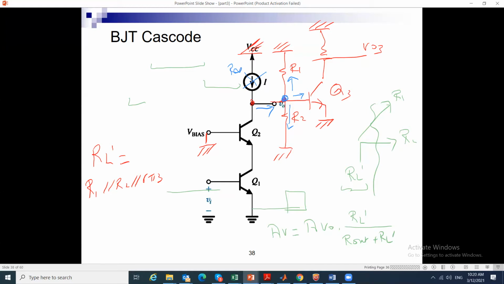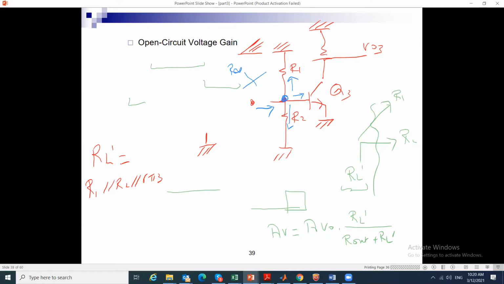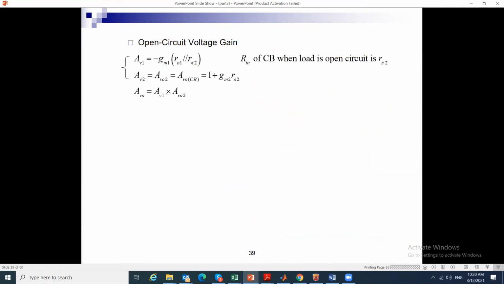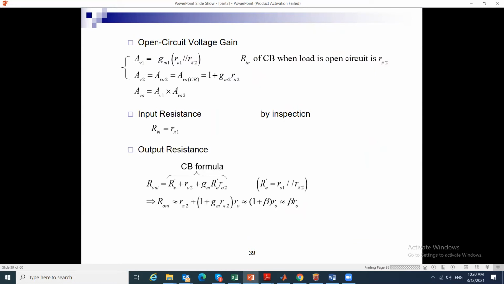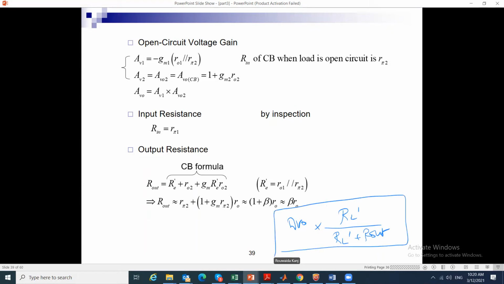For this specific cascode, because the derivation came out to be as function of AVO, and it is not in the voltage gain sheet. Anytime you want to find the gain, you need to say it is RL prime over RL prime plus R out times AVO. Okay, so this is very important, and they derived for me AVO, which I can find in terms of this.